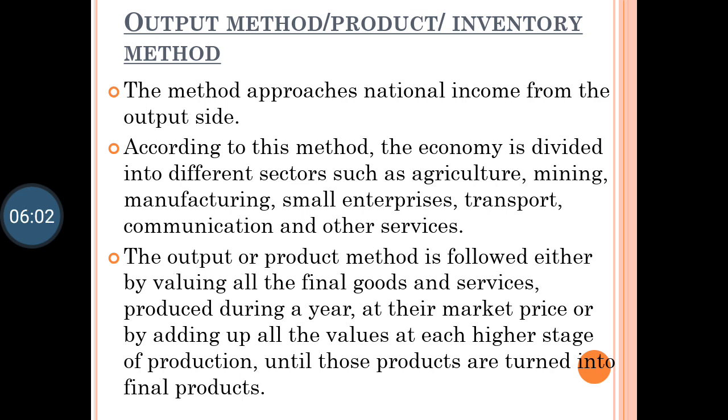We take into consideration the value of sugarcane, then the processing charges, then other raw materials which were used, plus electricity charges, plus packaging charges. So whatever charges a producer has paid at different levels are added up, and that is why it is called the value added approach. Let us see that in detail.